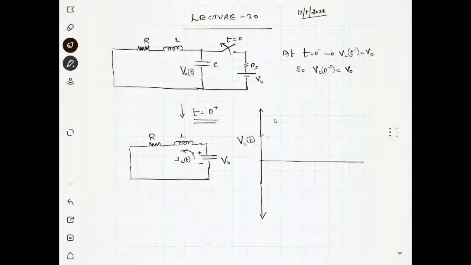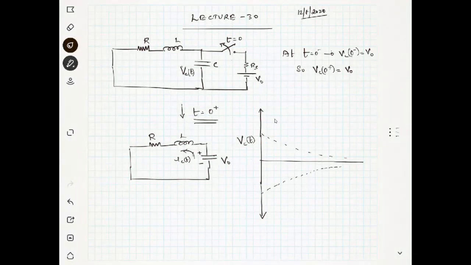So you will get an exponentially decaying oscillation. Maybe the initial voltage is V0, and it will be decaying like this. I hope it is clear to you, right?